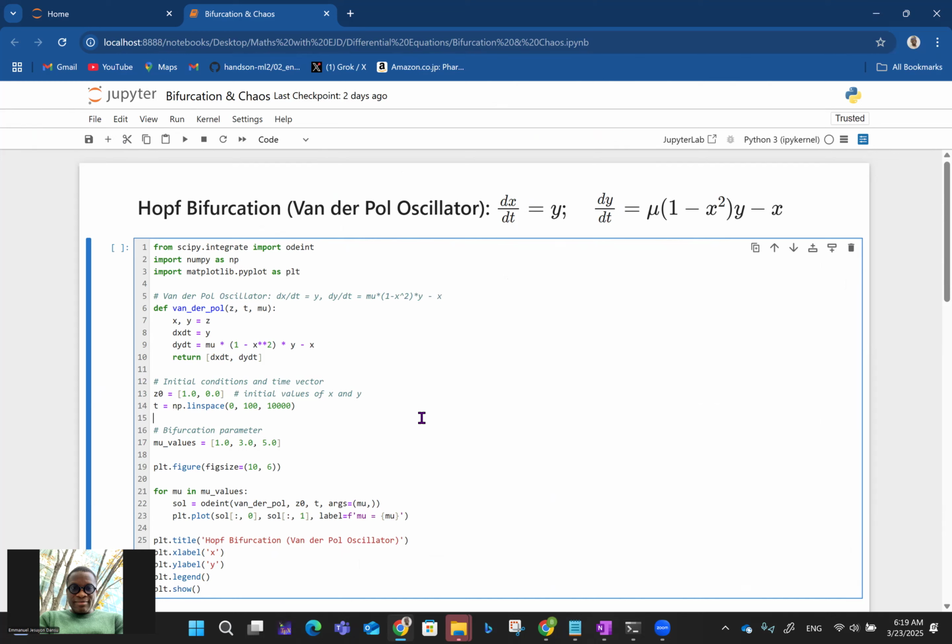We can easily make that into a second order system because dx dt is y, so we just have x double prime equals this side.